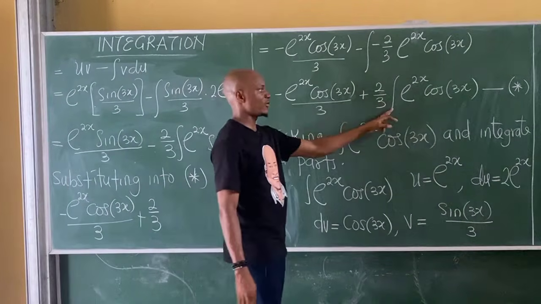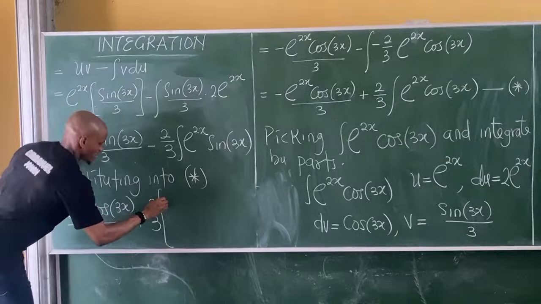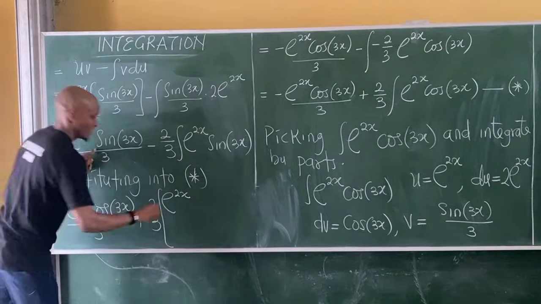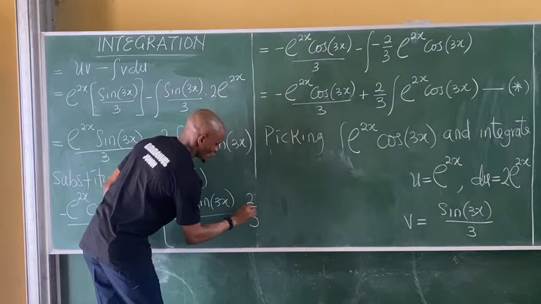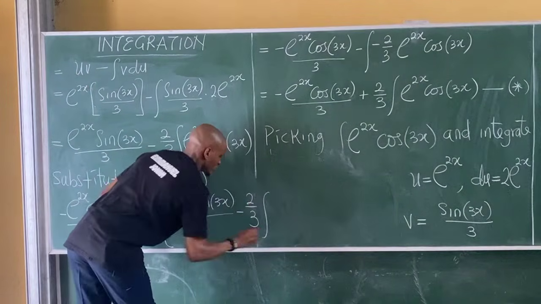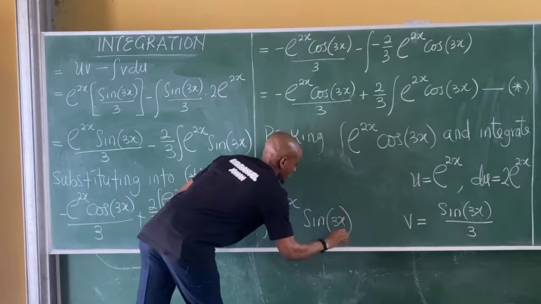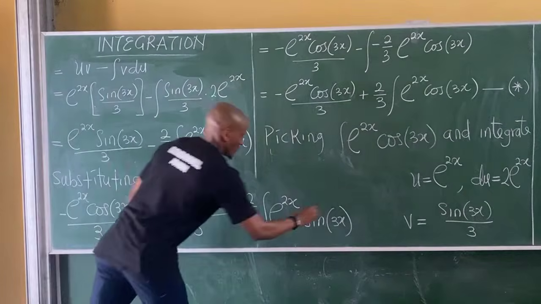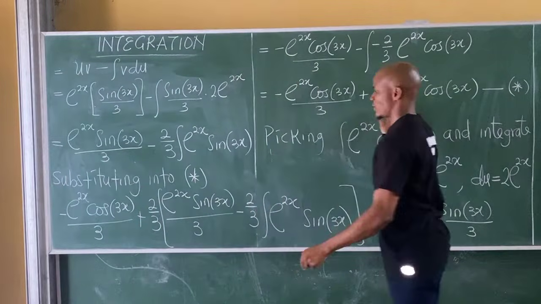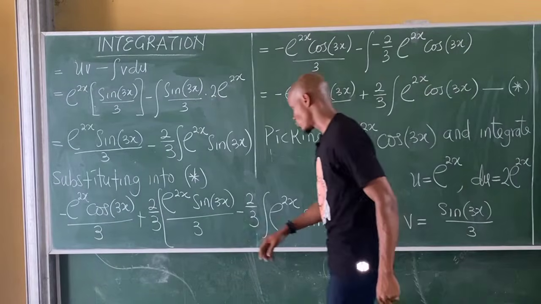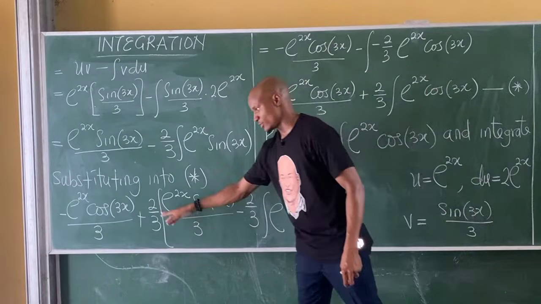In place of the integral of exponential 2x cos 3x, I'll put in the value we got, exponential 2x sine 3x all over 3 minus 2 over 3 times the integral of exponential 2x sine 3x. Next, I'll expand all the terms in the square bracket by 2 over 3.